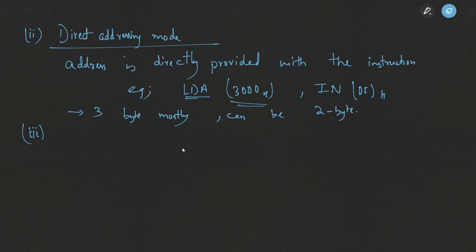Then you have the register indirect addressing mode. In this case, the address of the operand is basically not provided directly.